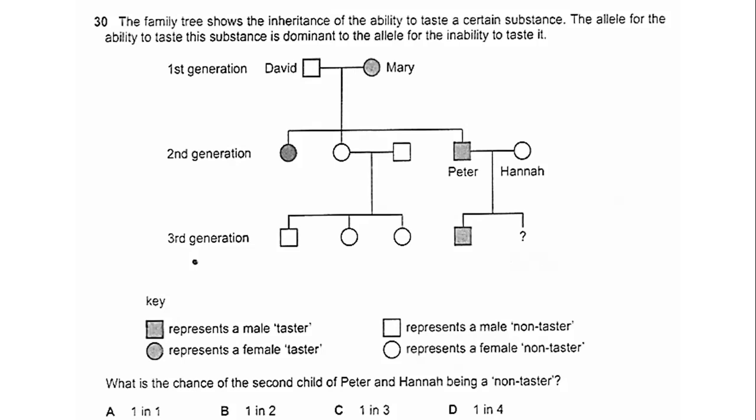So here you have that a shaded square is a taster male and a shaded circle is a taster female, and non-tasters in males are non-shaded and non-tasters in females are non-shaded. Now, he told us in the question that the ability to taste this substance is dominant over the inability.